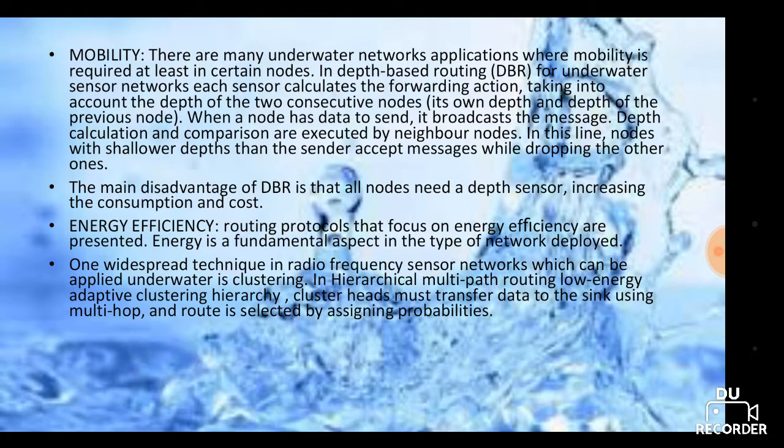When a node has data to send, it broadcasts the message. Depth calculation and comparison are executed by neighbor nodes. In this line, nodes with shallower depths than the sender accept messages while dropping the other ones. The main disadvantage of DBR is that all nodes need a depth sensor, increasing the consumption and cost.